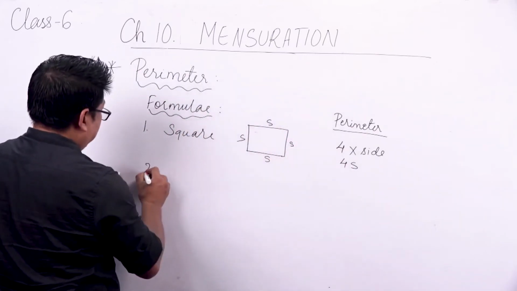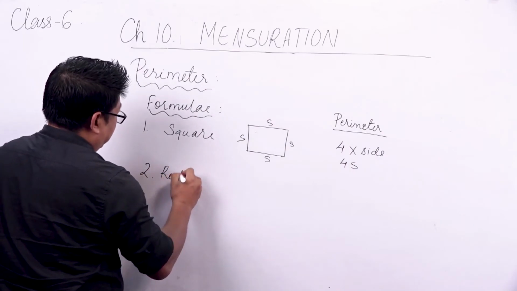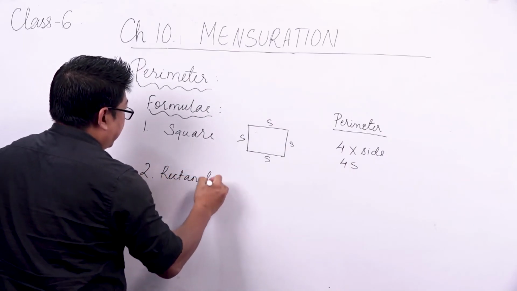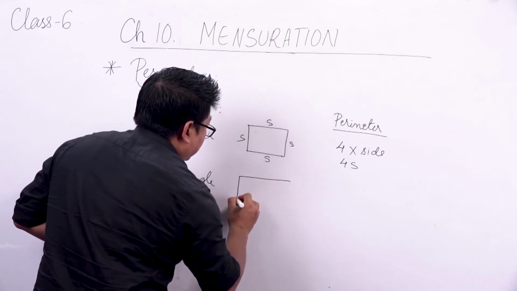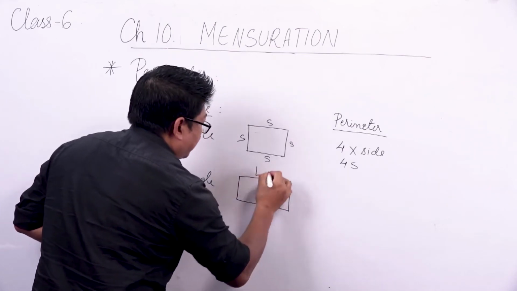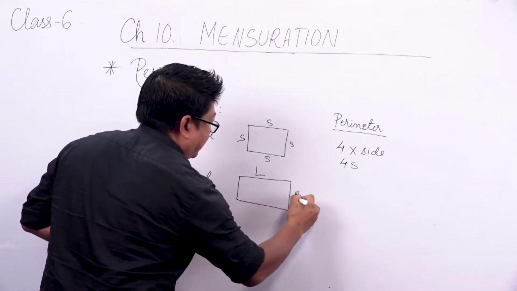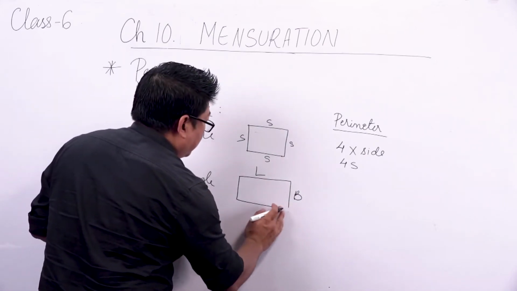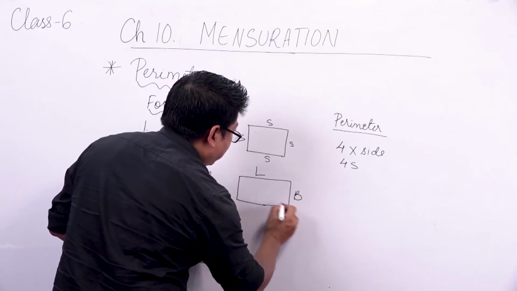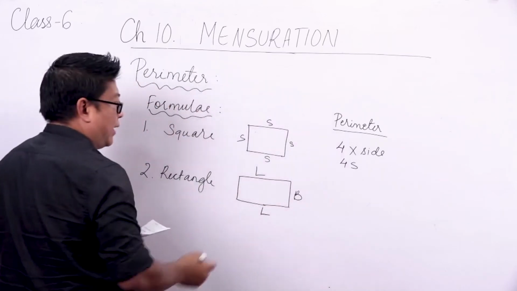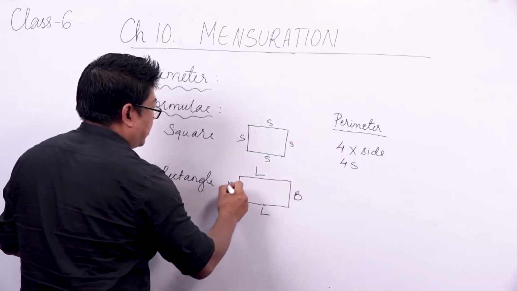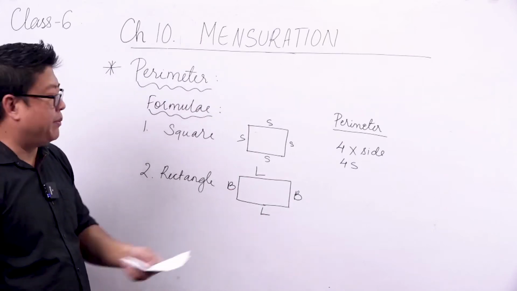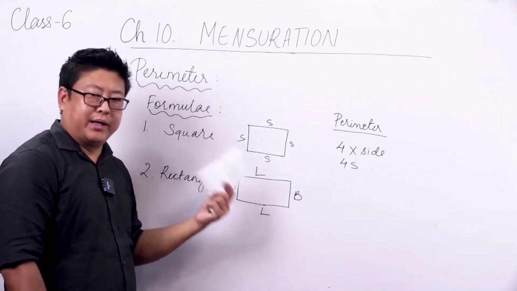Similarly, for a rectangle, let's say this is your length, this is your breadth. In a rectangle, opposite sides are equal, so we can say that the side opposite this is also L, and the side opposite this is also B. That means length, breadth, length, breadth.